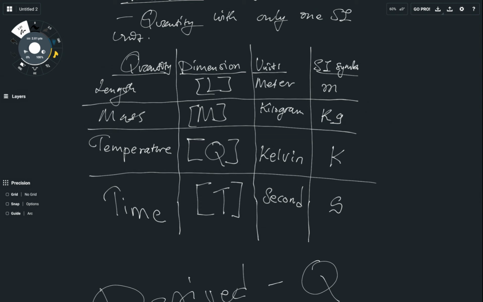Basic quantities only have one SI unit, and we have looked at the four common basic quantities: length, mass, temperature, and time. We have looked at their dimensions. Since the dimensions are the ones that are mostly important, these other things will be looked at as a no-brainer.